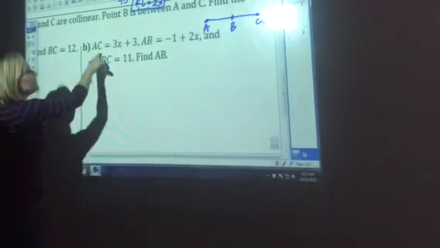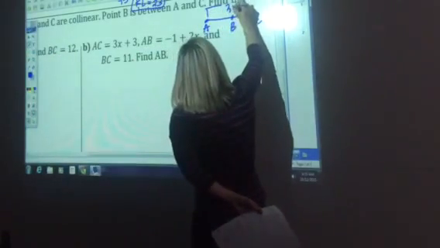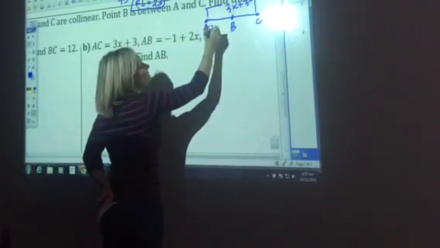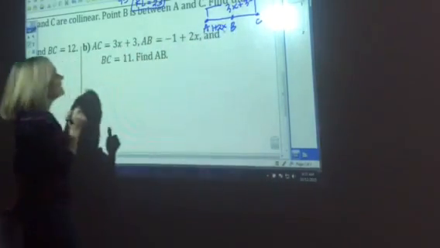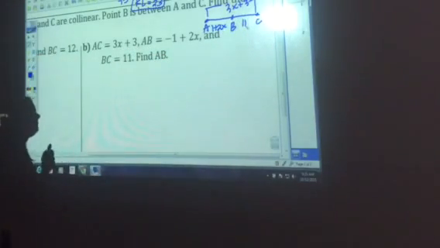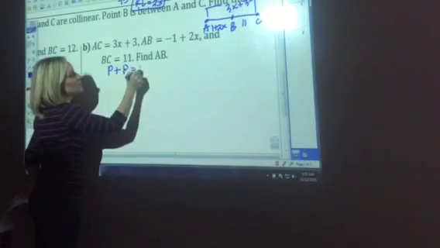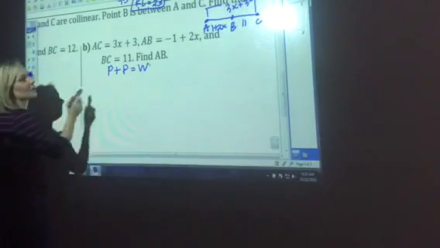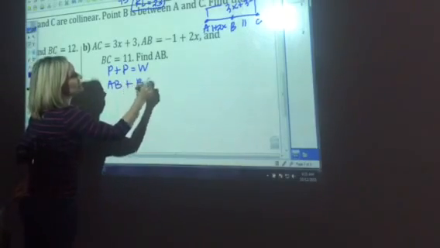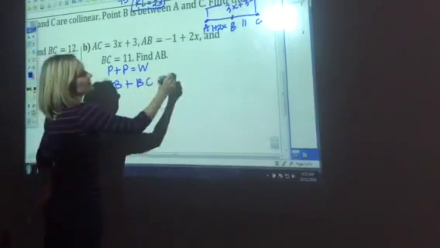If AC is equal to 3x plus 3, AB is equal to 1 plus 2x, and BC is equal to 11. To set this up again, I'm going to say part plus part equals whole. Our first part is AB, our second part is BC, and then last, AC is the whole thing.